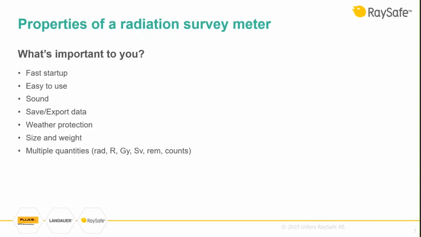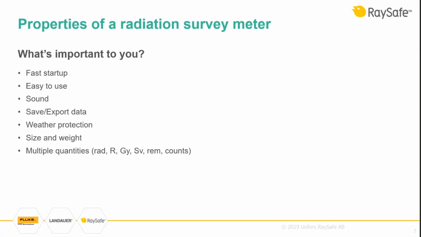Or could a sound be helpful, whether it's for listening for radiation or setting threshold alarm levels? Can I save data for reports? Am I indoors or outdoors? Do I need a meter that can handle rain and dust? Is the size and weight of importance? Could I benefit from having a meter that can measure multiple quantities in one and the same?